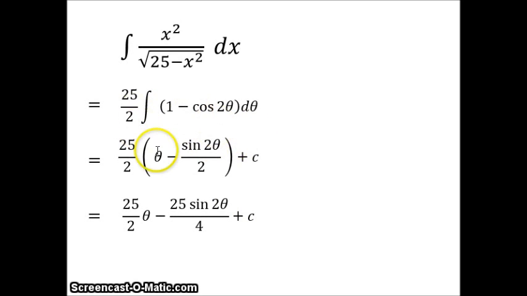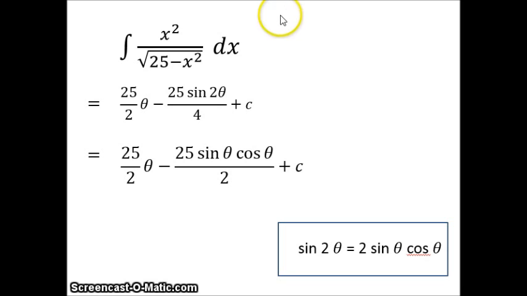And by integrating that, you will end up with theta minus sine 2 theta over 2, because when you integrate 1 you get theta, and when you integrate cos 2 theta you get sine 2 theta over the differentiation of 2 theta. And bringing everything inside, you will also get 25 over 2 theta minus 25 sine 2 theta over 4, since it's 2 times 2. And don't forget your c, which is constant.